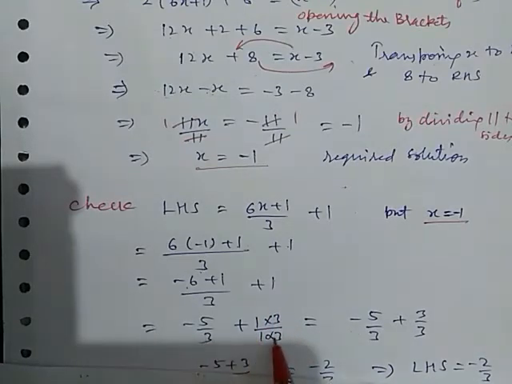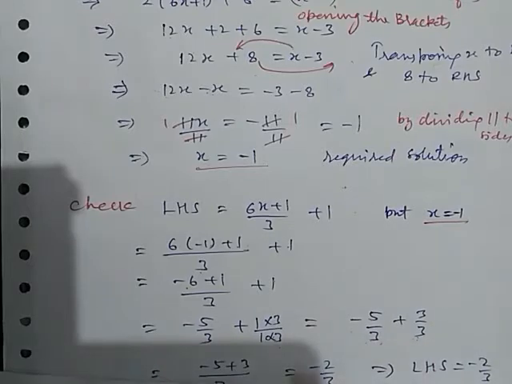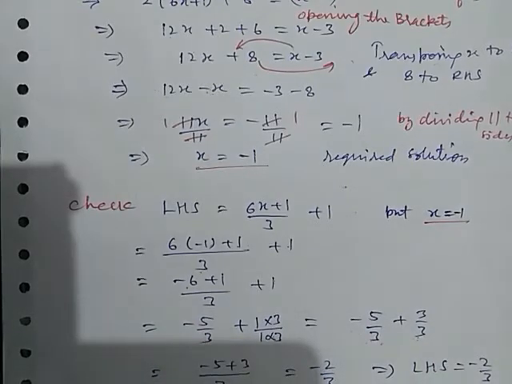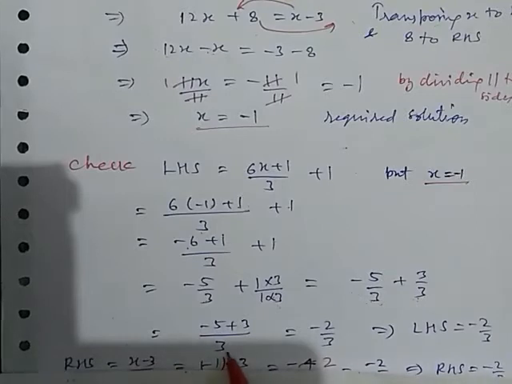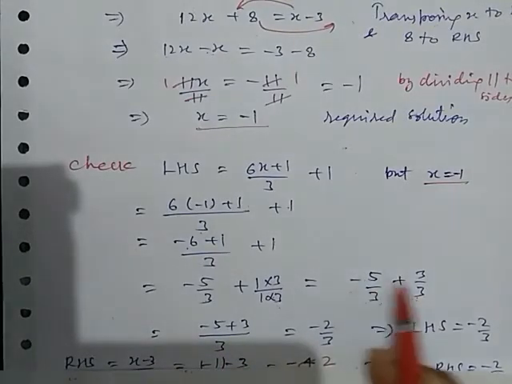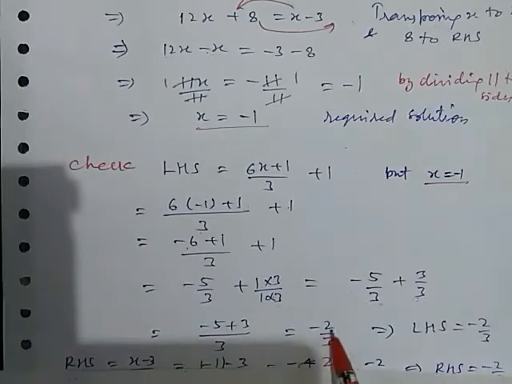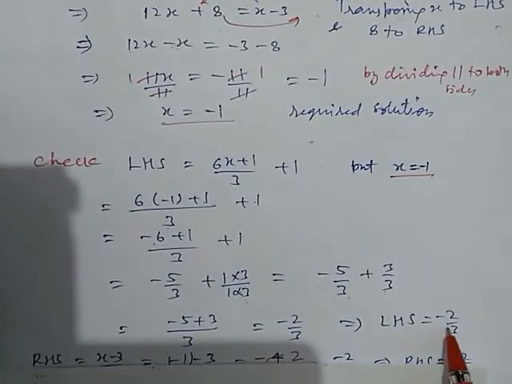Because we want to solve this, and here the denominator is 3, so we make the denominator 3. So this is minus 5 by 3 and this becomes 3 by 3. Both fractions are like fractions. Okay, so we take 3 as the LCM, and minus 5 plus 3. So this reduces to minus 2 by 3. So the left hand side is minus 2 by 3.